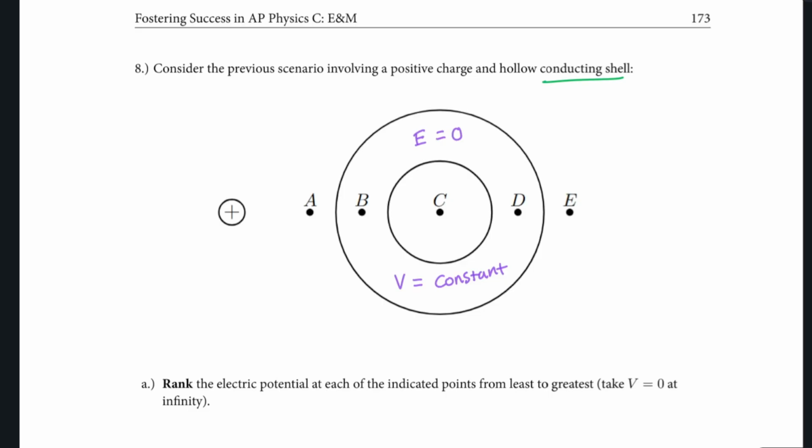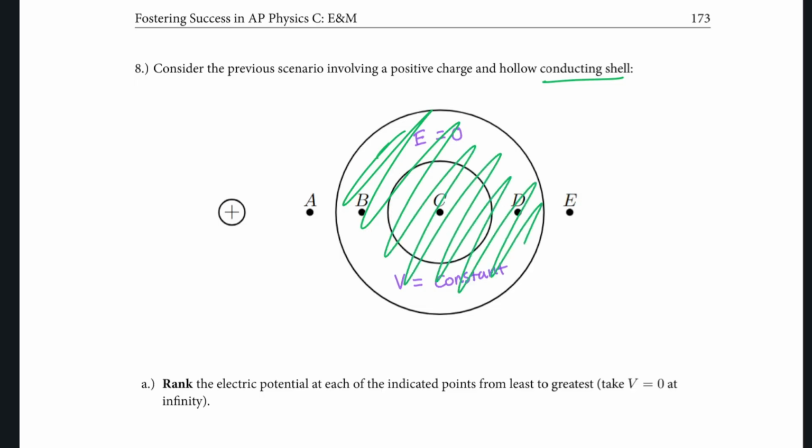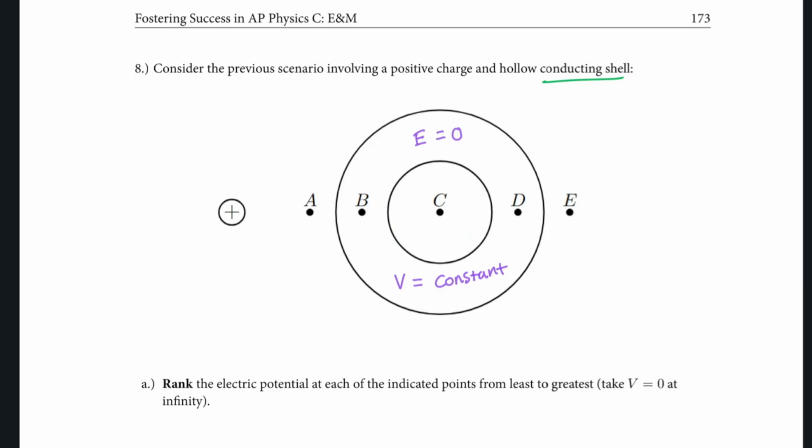So what that would mean, if I had a potential color coding diagram, everything in the sphere and on the surface would be the same potential color, which is why E equals 0. So you might actually start with V equals constant as your fact and say, well, everybody's at the same potential, so there's no E field because there's no downhill. Everybody's at the same height.